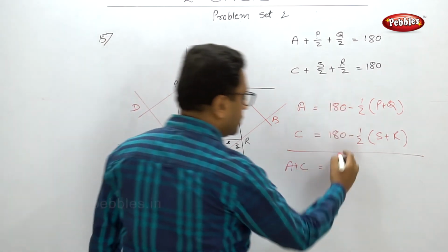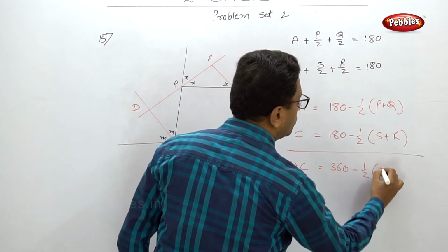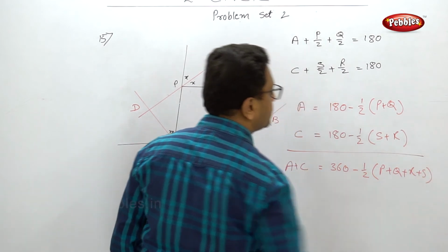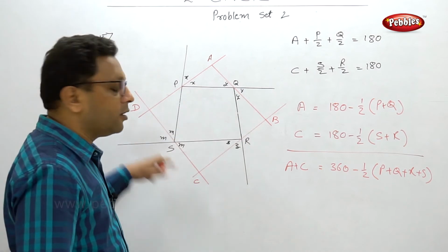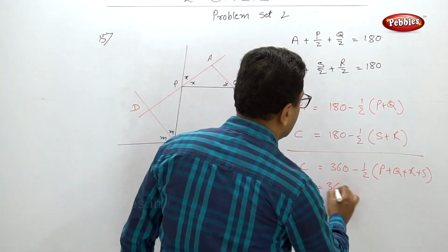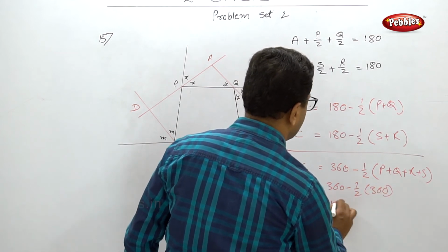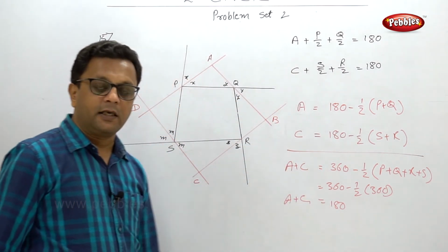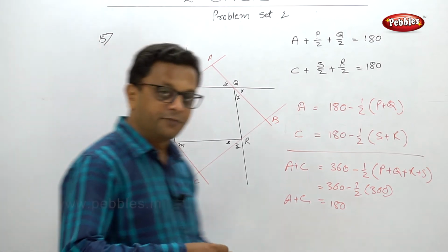A plus C is equal to 360 minus 1 upon 2 (P plus Q plus R plus S). But we know that the sum of all the exterior angles of a quadrilateral is 360. So we have 360 minus half of 360, which is equal to 180. So now we have got A plus C equal to 180. Angle A plus angle C equal to 180.